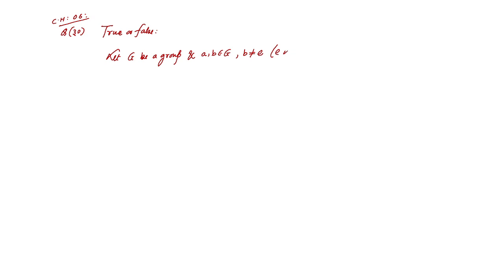E is the identity in the group G. If order of A equals 3 and A B A inverse equals B square, then order of B equals 7. So this is basically a 2 marks question.